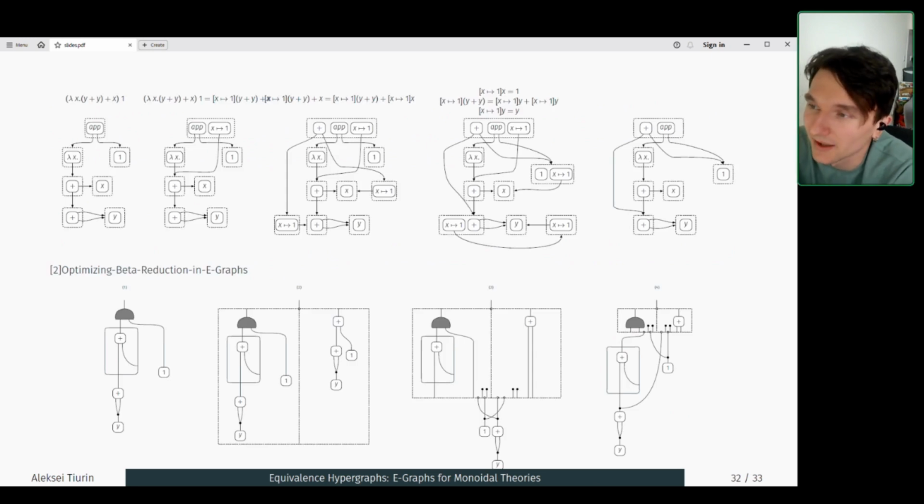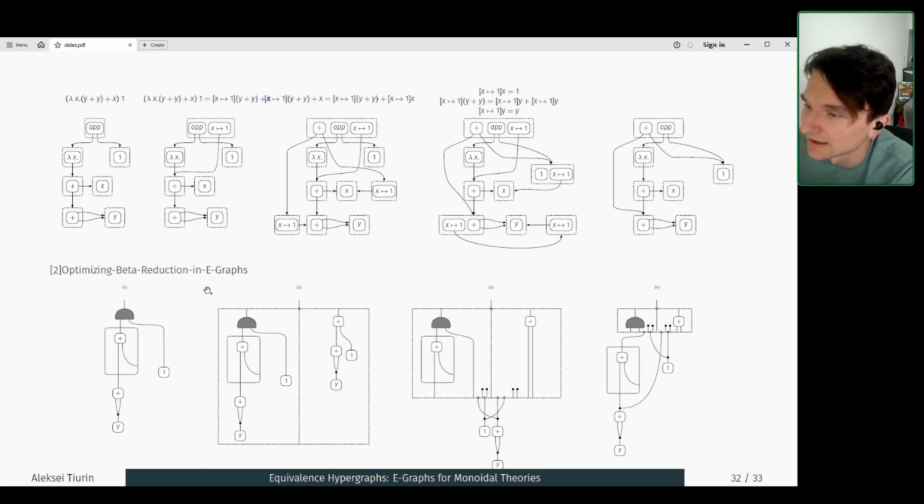So, if you consider an example of EGRAPHS for lambda calculus with explicit substitution, we have a single equation, which is a beta reduction implemented in terms of explicit substitution, and the explicit substitution recursively applies the substitution to all the children E-classes.